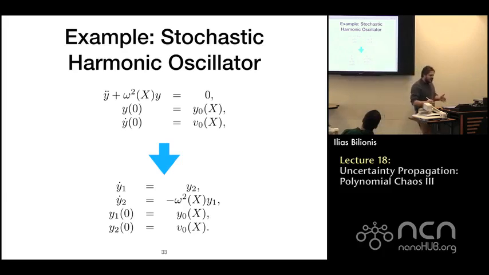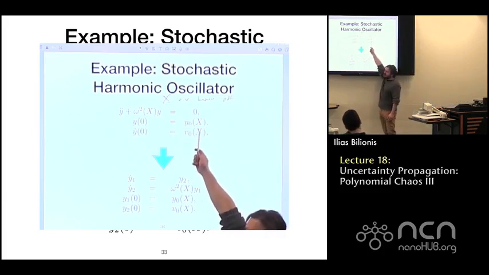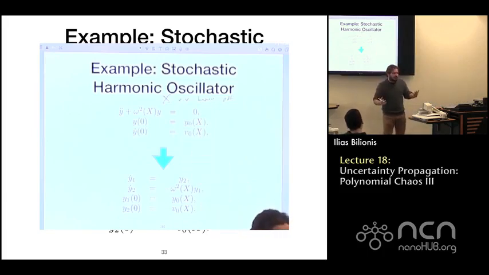It is just a function. The way we describe it is that x is a random variable with a known PDF, and then omega and y naught and v naught are just functions of that x.